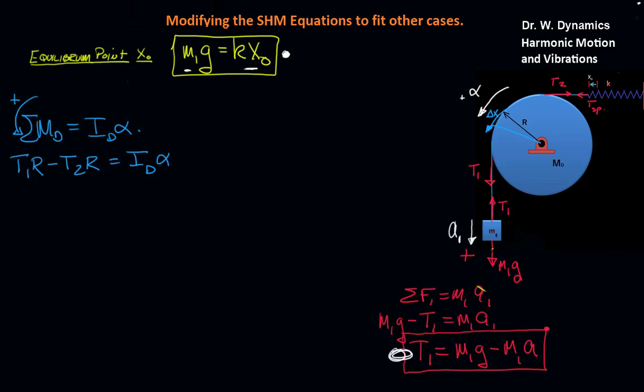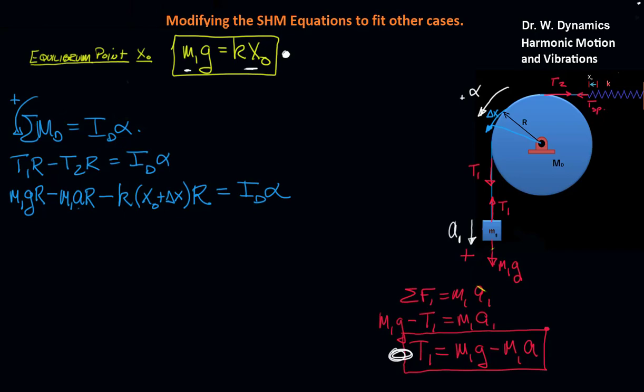We know what T1 is, so we have m1gR minus m1aR minus T2 R. Now T2 is the spring, and the spring has been pulled back by k times x0 plus delta x. That's our spring force pulling us back, times R, and that's going to equal I of the disk times alpha.